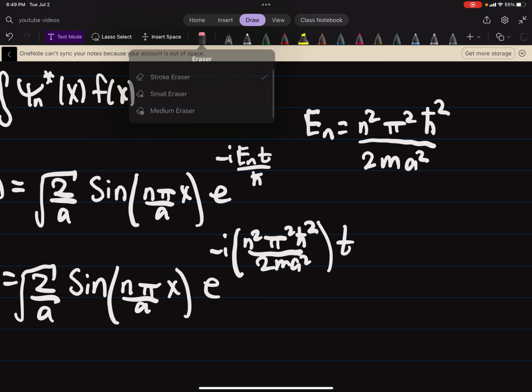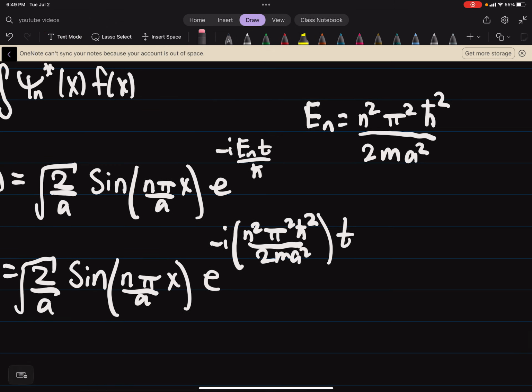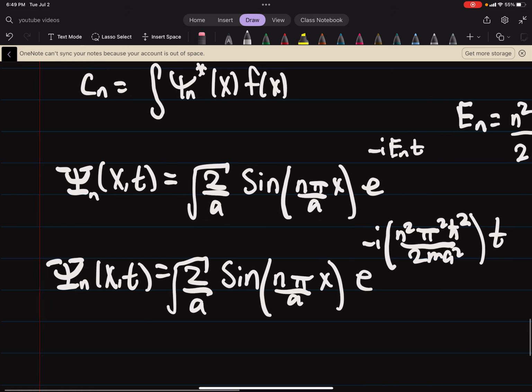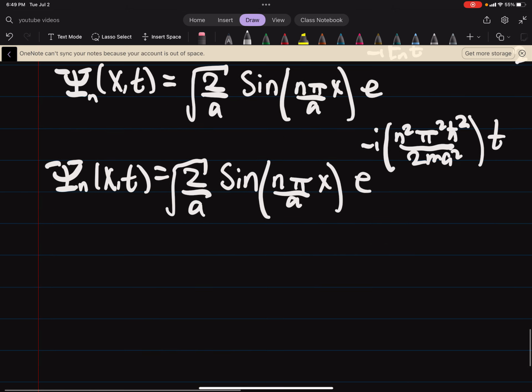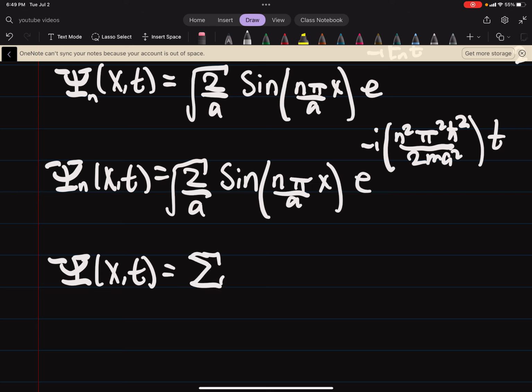I think there was not an h bar squared there, I think it was just this. Okay? And then our most general solution would be a sum of all the possible solutions. So just like how we add our different solutions for a differential equation, we're doing that here, only it's an infinite sum now, because there's infinitely many solutions.